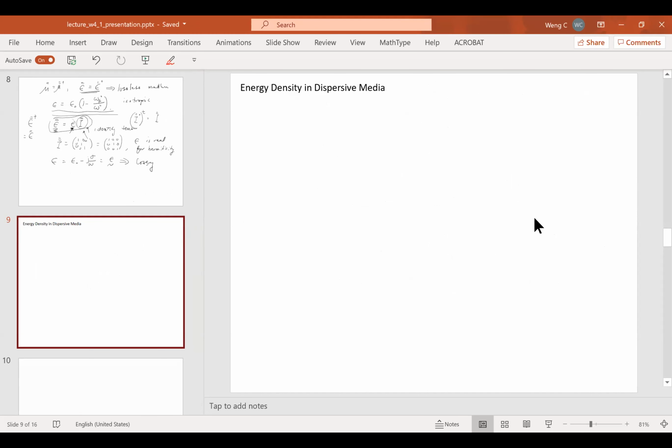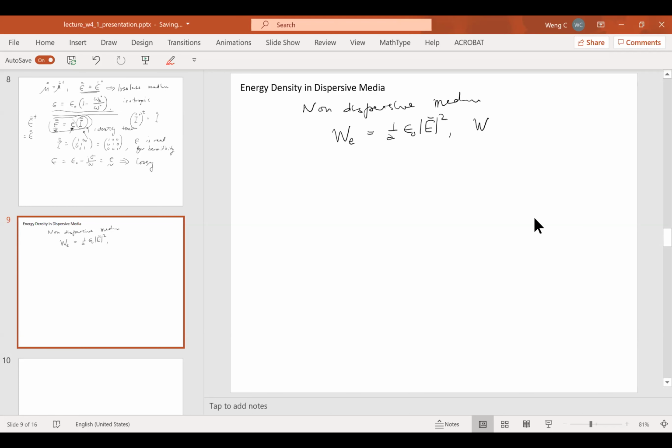But next I'd like to talk about energy density in dispersive medium. Okay. This is an interesting topic because we know that energy density for non-dispersive medium is given by, energy density for electric field is half epsilon naught E squared, for instance.